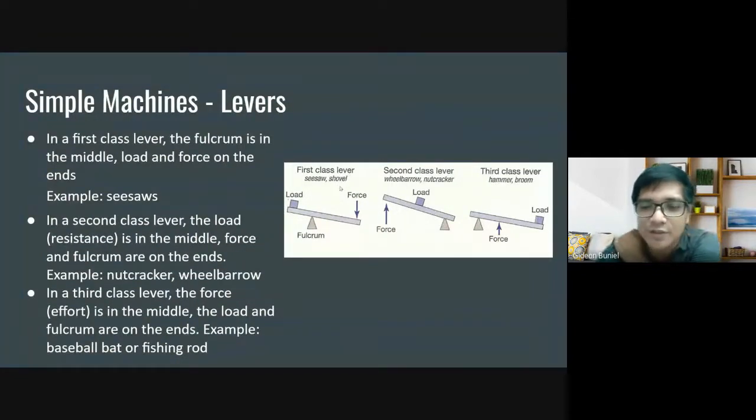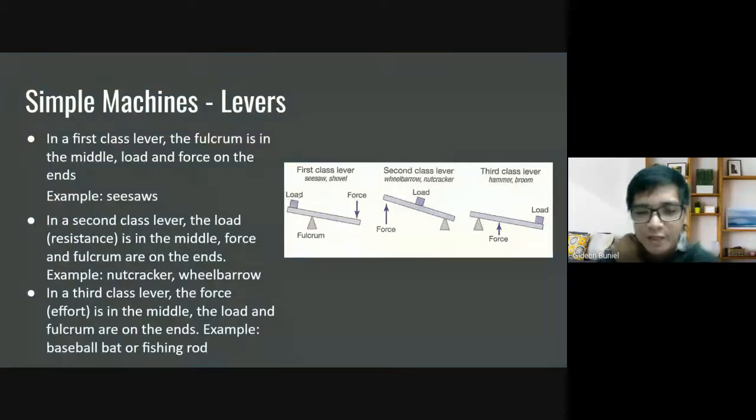Examples are the seesaw and the shovel. If you're familiar with the seesaw, we have one at Luneta Park. The fulcrum is in the middle. Let's imagine that this is Ryan. Ryan is the load and Marvin is the force. When Marvin exerts force downwards, Ryan will go up.